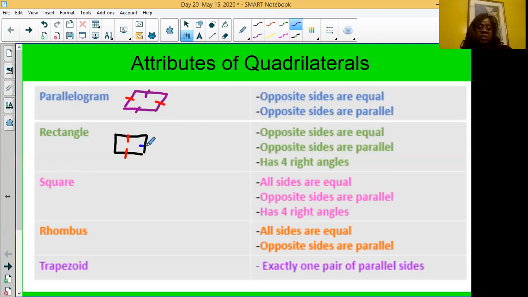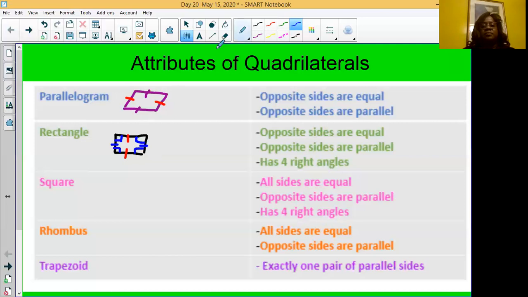And it's also parallel, and this side is equal to this side, and they're both parallel. So a rectangle has two pairs of parallel lines, a parallelogram has two pairs of parallel lines, but a rectangle has four right angles, meaning I can draw those boxes in each angle. And if I can draw that box there, then that tells me that it is a right angle. A rectangle has four right angles, okay?